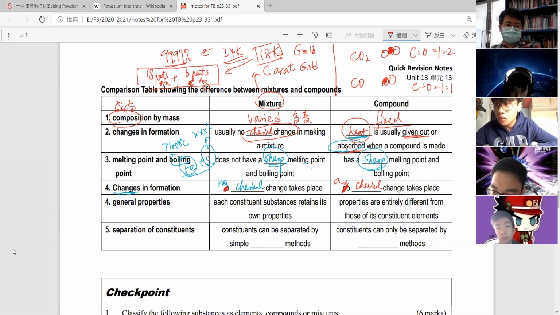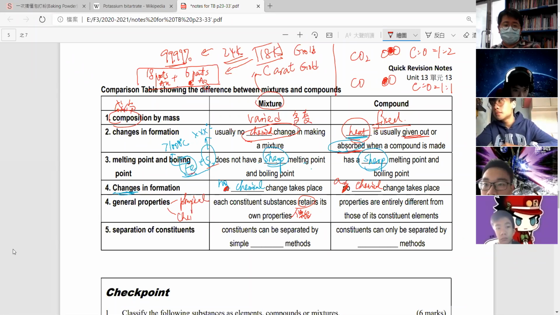And the general property: each constituent element will retain, would keep, its own property, just like iron and sulfur, from the color, from the reaction, etc. If you want to describe color and density, etc., we call that a physical property, appearance, right?